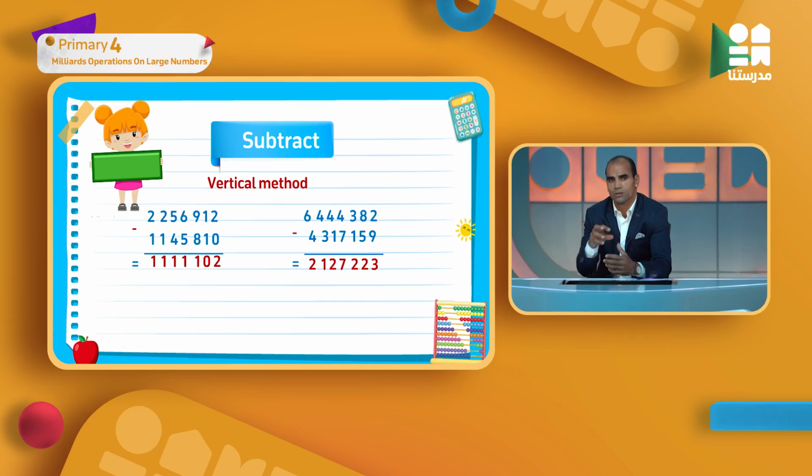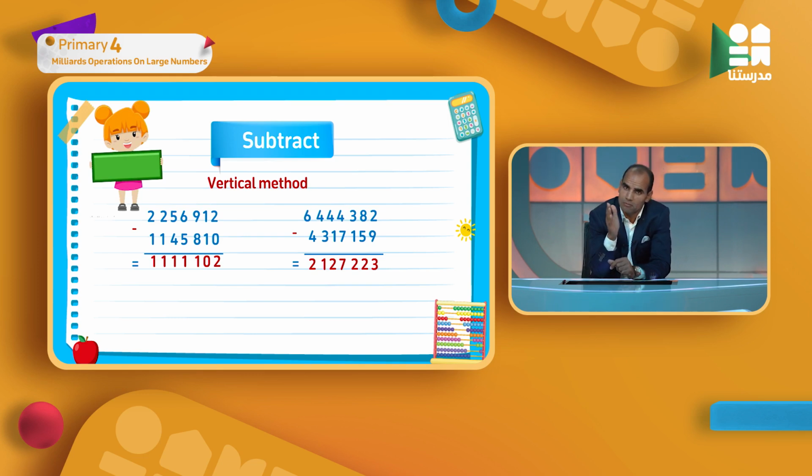We cannot take 9 from 2. مش هنقدر ناخد 9 from 2. So we have to borrow 1 from 8. 2 becomes 12 and 8 becomes 7. Okay? So 12 minus 9 equals 3. And 7 minus 5 equals 2. 3 minus 1 equals 2.